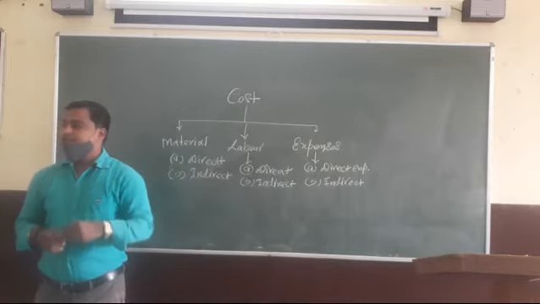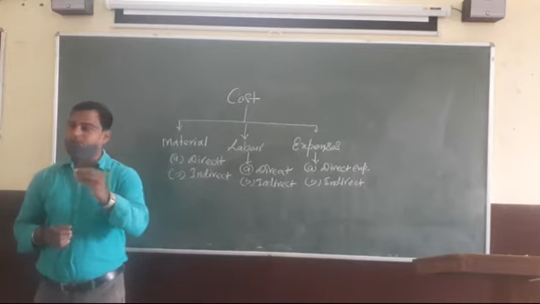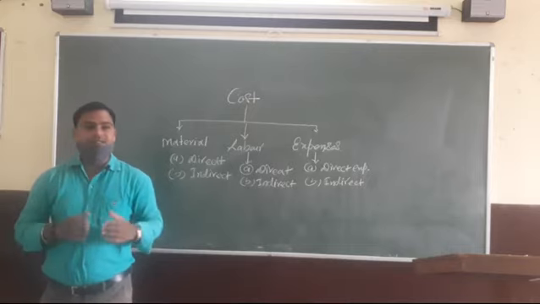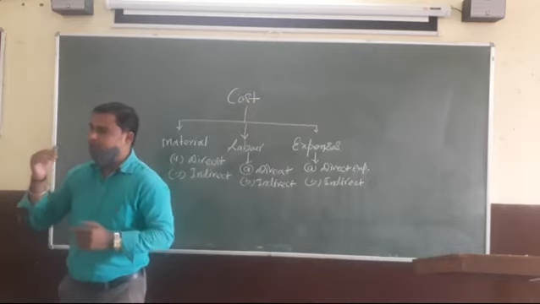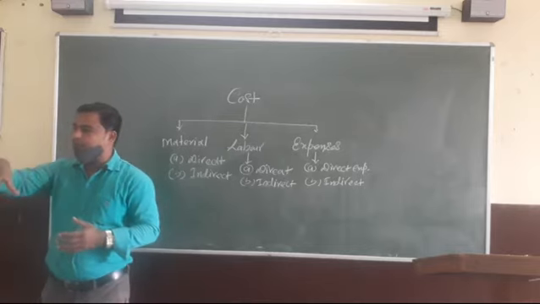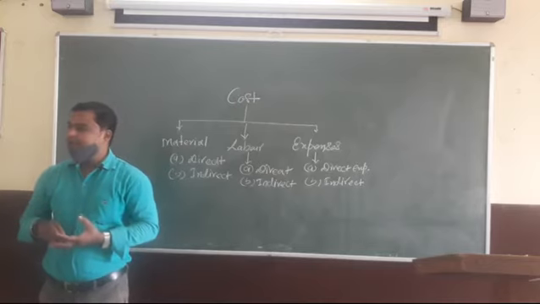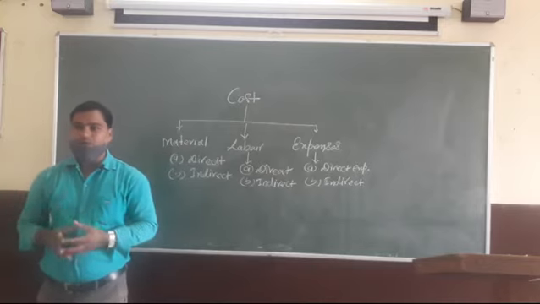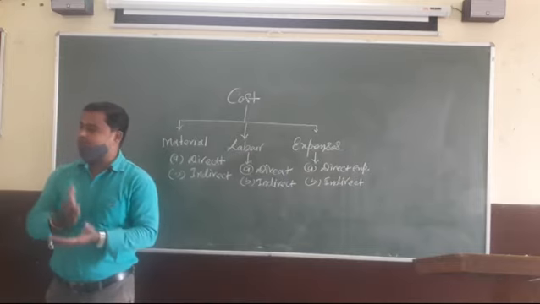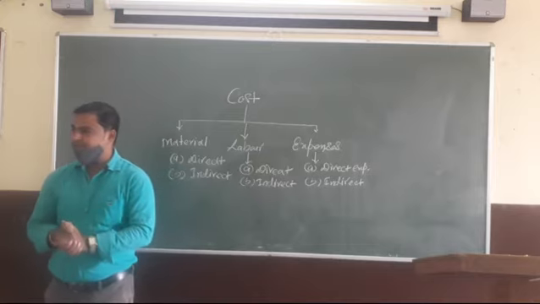Direct expenses directly increase the cost of the product. Okay, such as if you are purchasing something, suppose that you are purchasing sugar cane. To bring sugar cane from farmer's field to the factory, the carriage, the freight which is included directly increases the cost of the production. Such type of expenses is known as direct expenses.